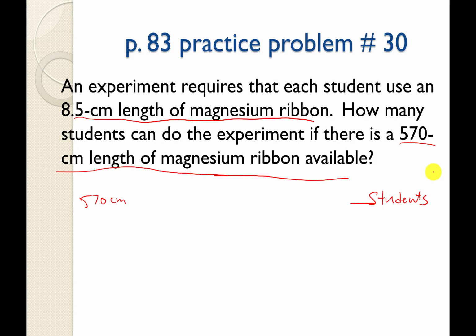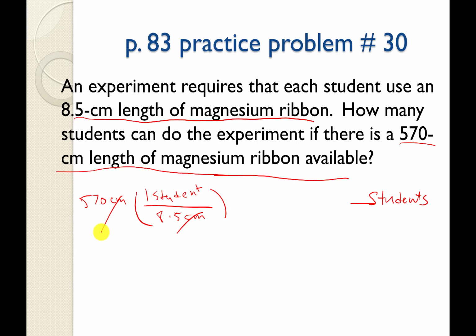All right, let's see how we can go about this. Okay, so we start with 570 centimeters of this magnesium ribbon. All right, we know that one student needs to have 8.5 centimeters of ribbon. Oh, cancel out centimeters. We're already done. It wasn't too bad.